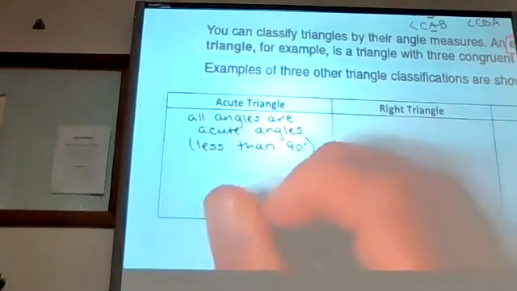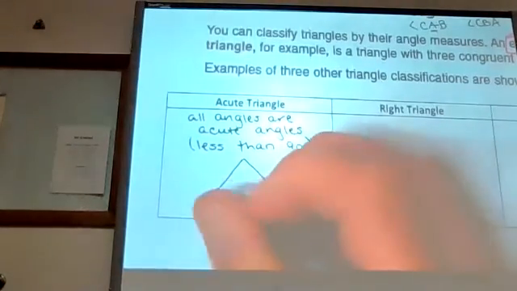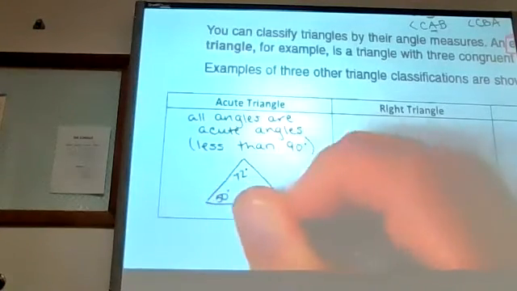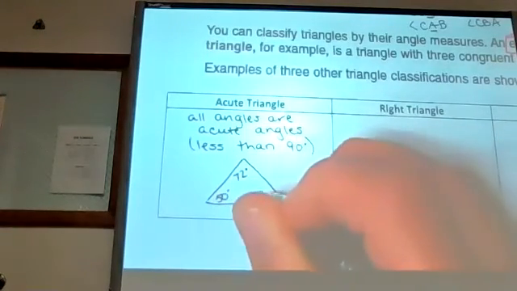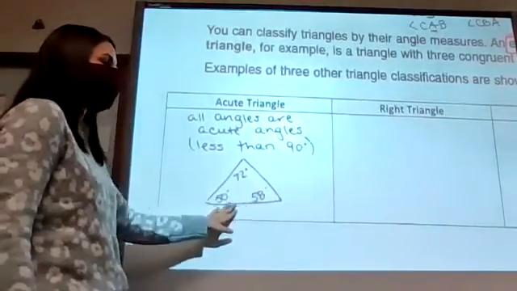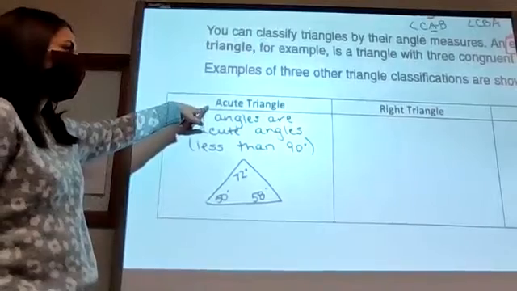So maybe, for example, I have a triangle and it tells me that this is 50, this is 72, and that angle is 58. So if visually I can see that all my angles are less than 90, then that's an acute triangle.